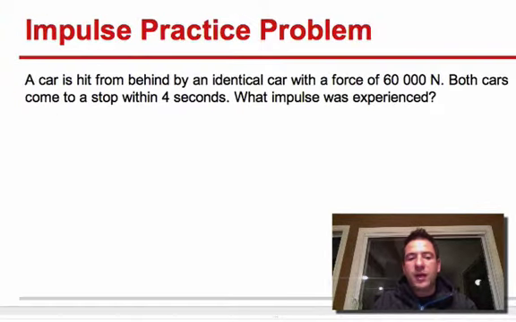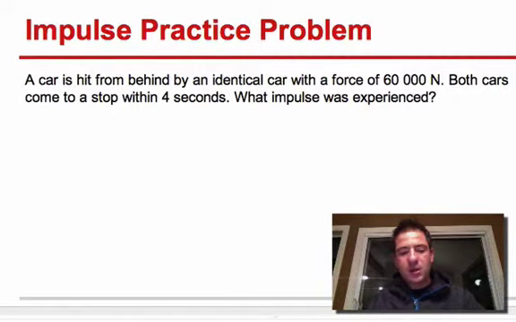Okay, so I have a practice problem right here. A car is hit from behind by an identical car with a force of 60,000 newtons. Both cars come to a stop within 4 seconds. What impulse was experienced? I have a calculator here to help me with the math. The first thing I need to do is determine what information is given to me.